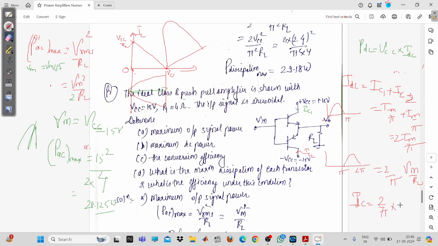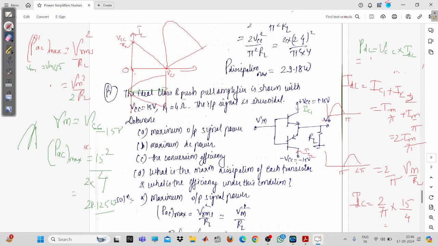What is the value? VCC is 15 upon RL 4. This you can calculate, or you can keep it like this only. This IDC value will be put in this equation. VCC is known to you, so I'll put the values.